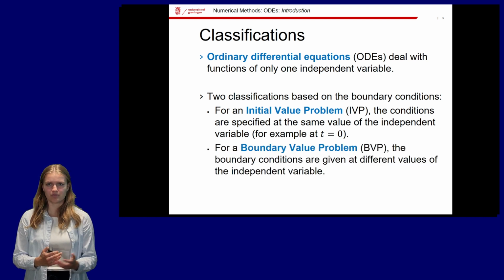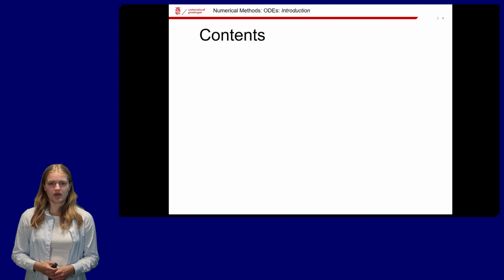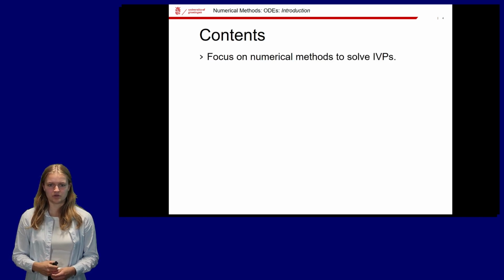Alternatively, you have boundary value problems, where the boundary conditions are given at different values of this independent variable. The focus of these videos on ordinary differential equations will be on methods to solve initial value problems.